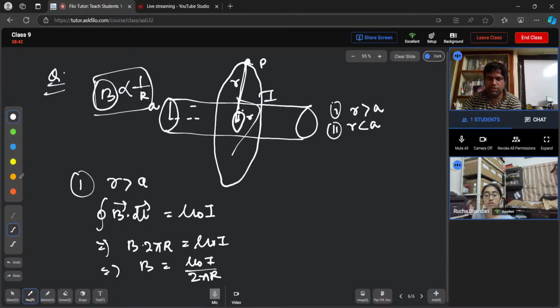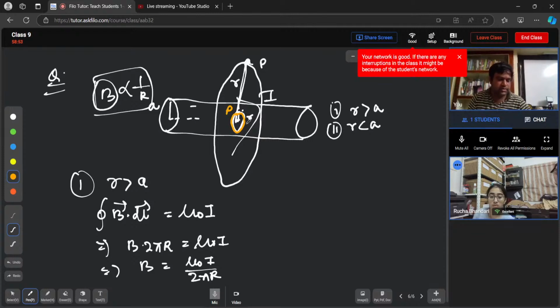What about a loop or a position point which is inside the conductor? What will be the magnetic field inside the conductor? Same formula, but the loop will be small, and in this loop a fraction of current is passing, not the whole current.